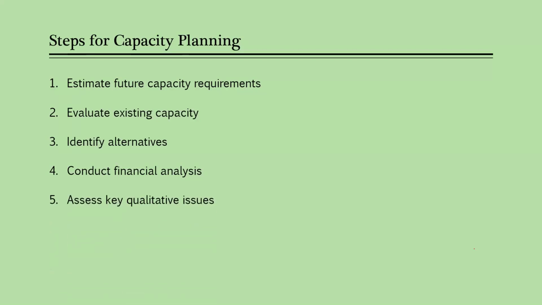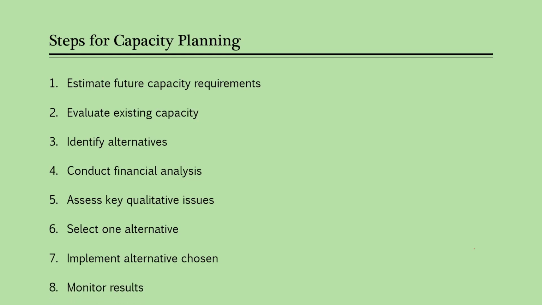Then we have to analyze key qualitative issues, which means the risks we are going to face. Then we have to select a particular option, just one alternative. Finally, we have to implement the selected alternative. And finally, we have to monitor the results.